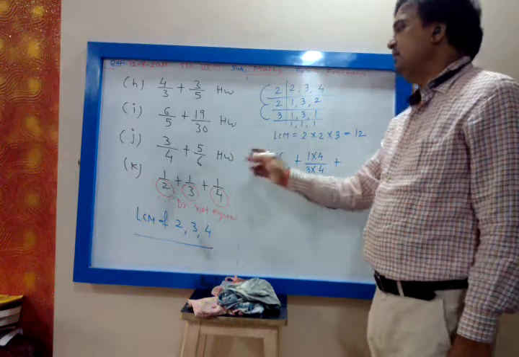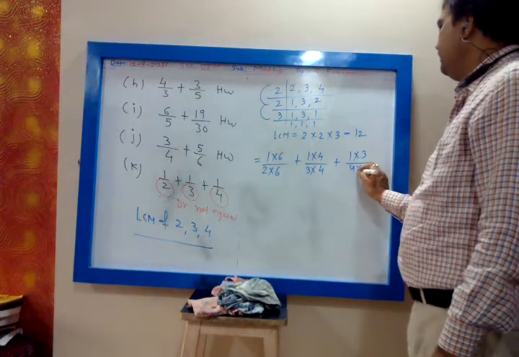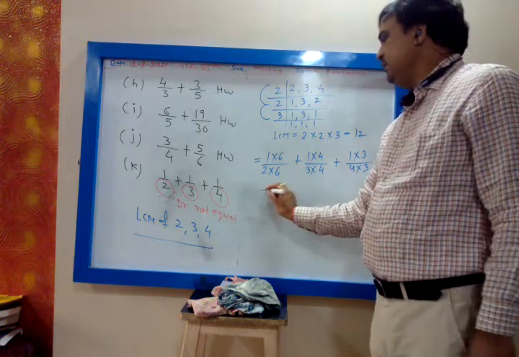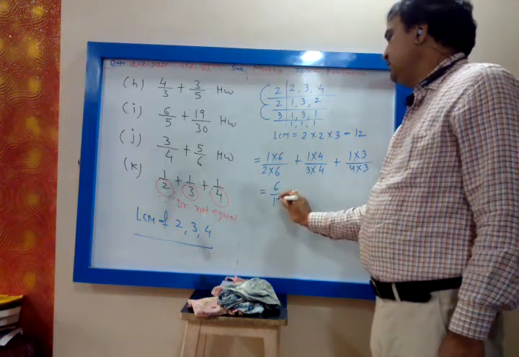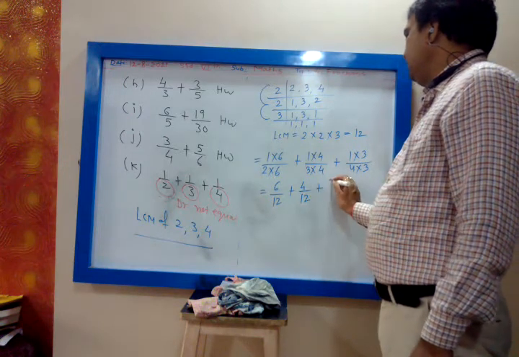We have to multiply by 3. 1 into 3 upon 4 into 3. So this is 6 by 12 plus 4 by 12 plus 3 by 12.